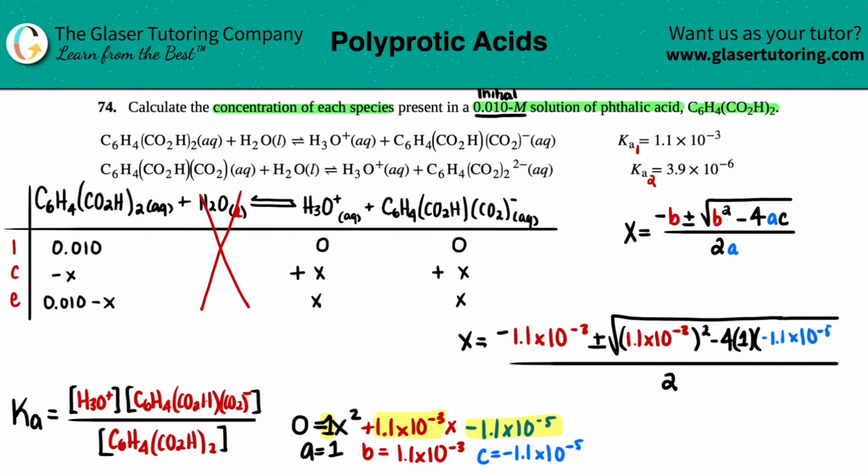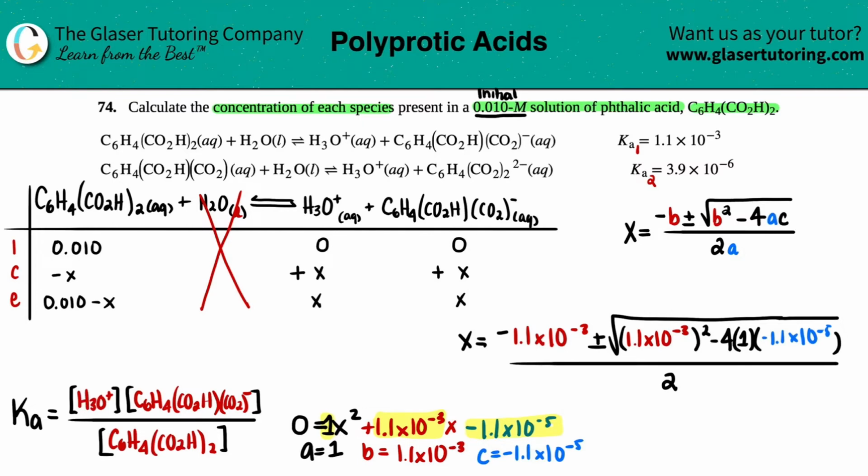Now I'm going to have to work and get this under control. Now, technically, if you want to, you can plug all this in at the same time. So in the calculator, I'm just going to get this whole thing under the square root as one number. So I'm going to do 1.1 times 10 to the negative 3 squared minus 4 times 1 times a negative 1.1 times 10 to the negative fifth. And I'm going to get one answer. I'm going to keep the radical. I'm not going to do that yet.